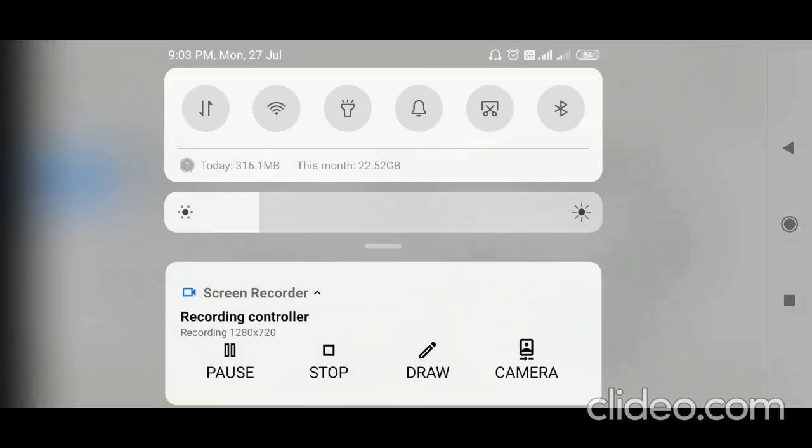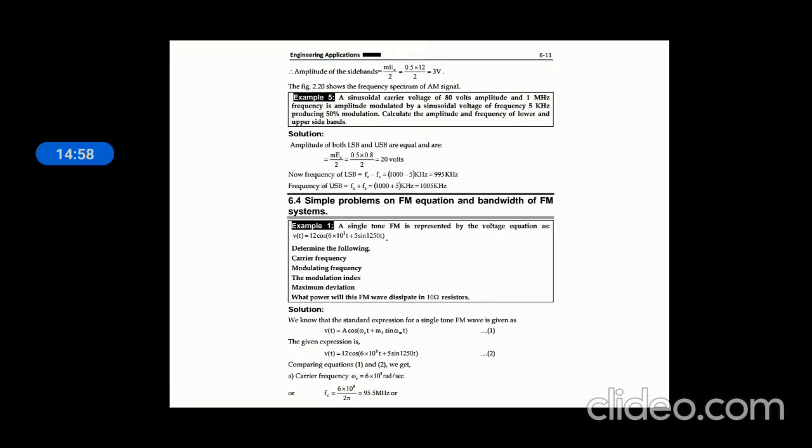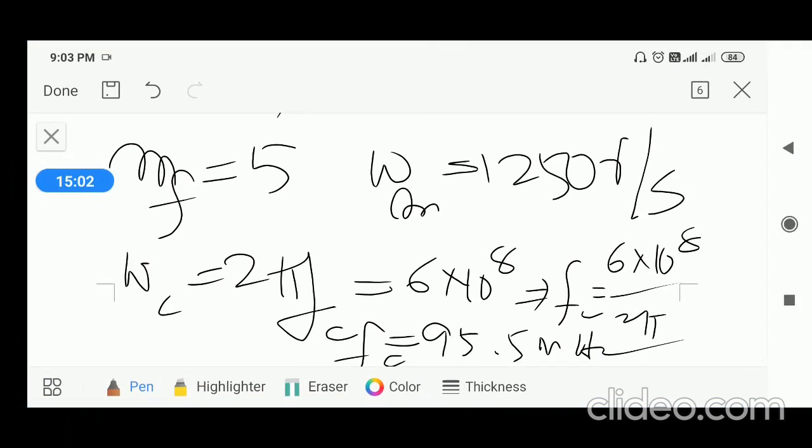Right. The next problem is modulating frequency. It is also very simple by comparing the values. Omega m is 1250 radians per second.